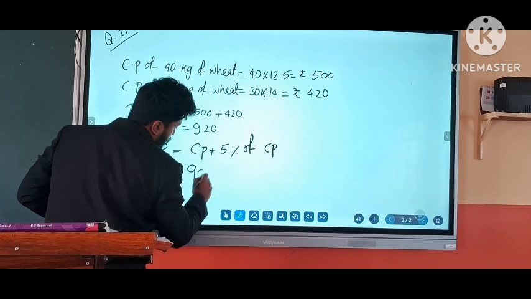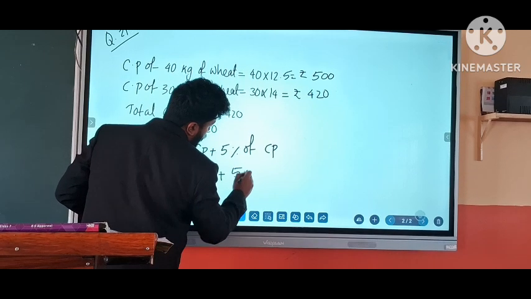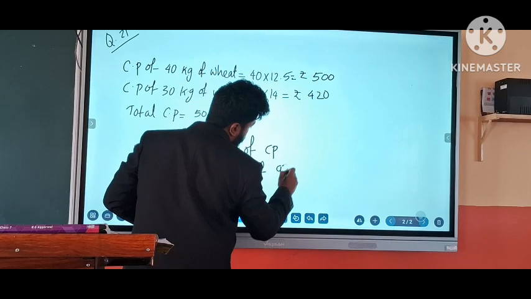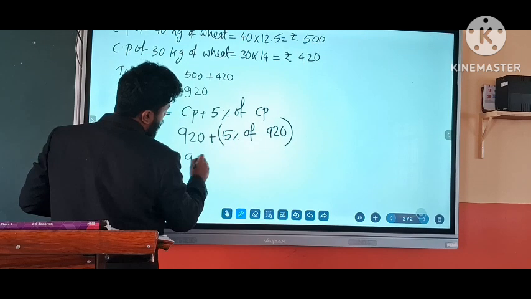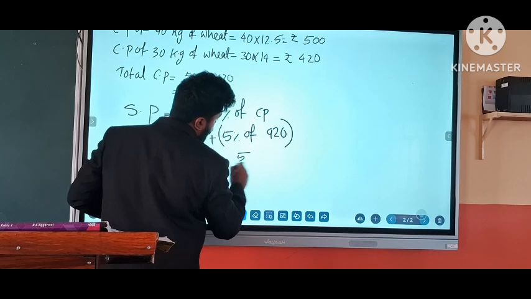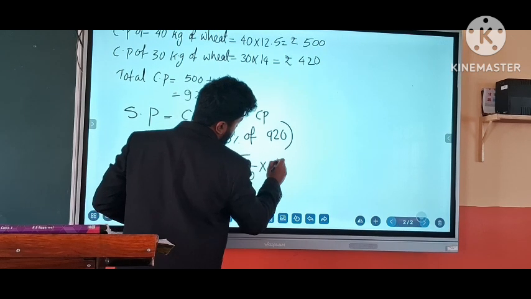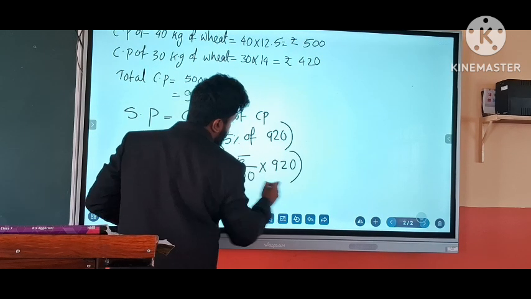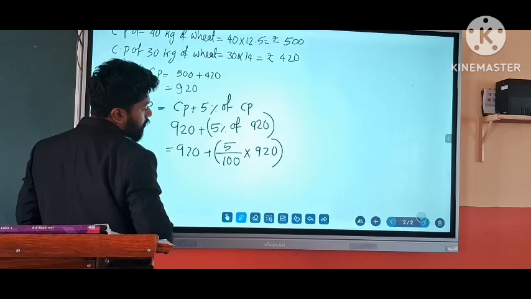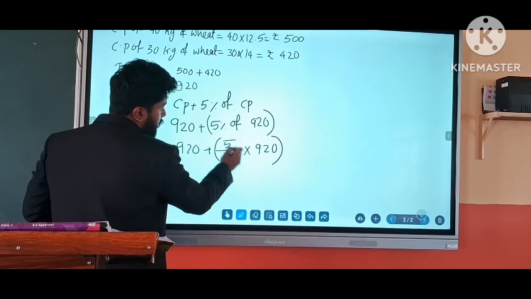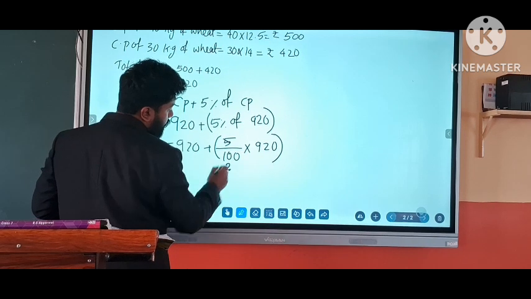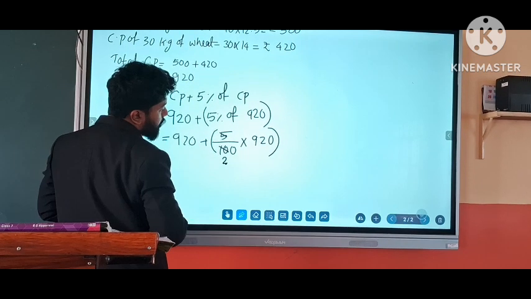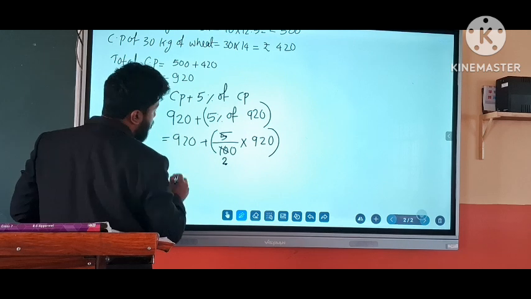Yes, 920 plus 5% of 920. That is 920 plus 5 upon 100 into 920. If we cancel, we get 920 divided by 20, that is equal to 46.